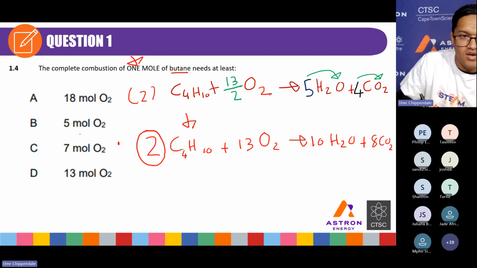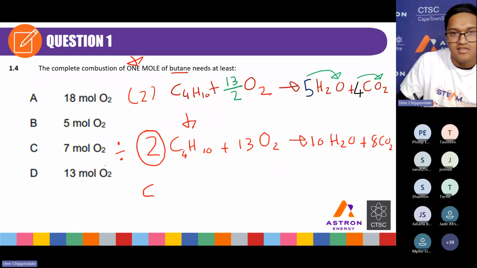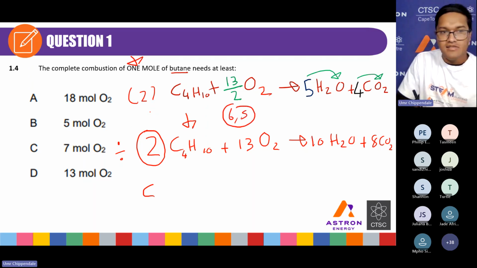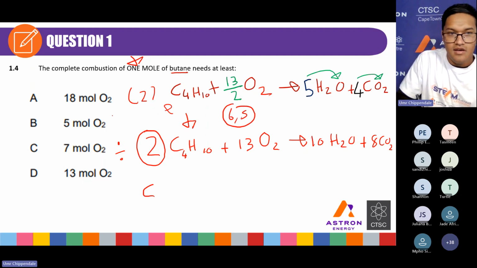So you're going to say, okay, all of this is now divided by 2. So that will again give you the same reaction that we have on top. But when you do that, 13 divided by 2 is actually 6.5. Everything else is going to be the same as above. That will again be 1 mole.